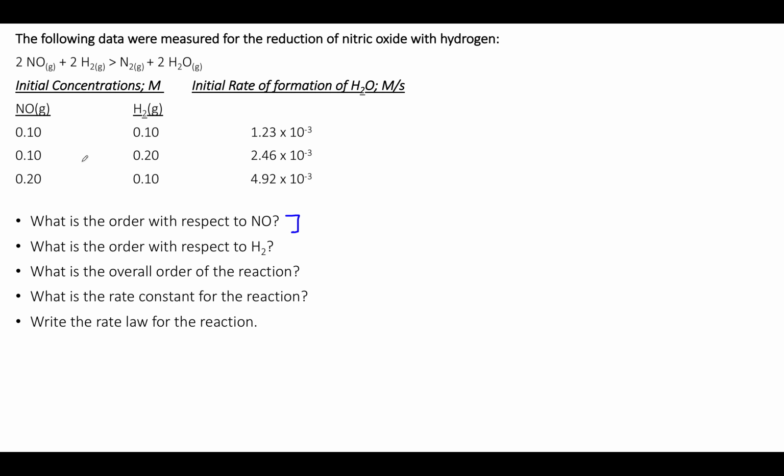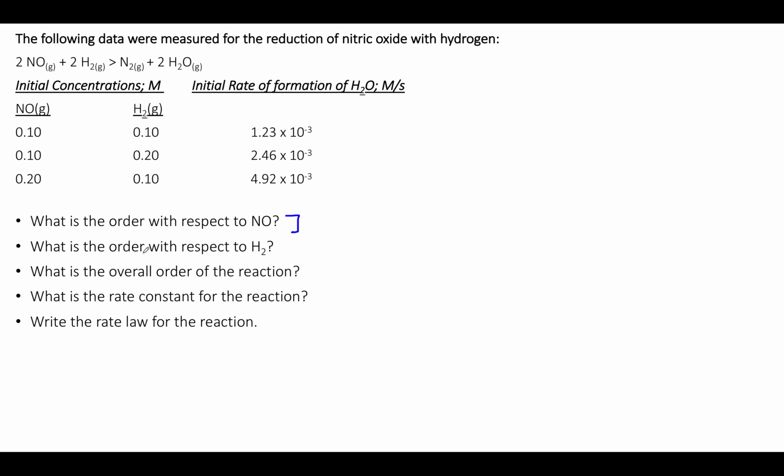In the second line of data, I've doubled the concentration of hydrogen gas, kept the concentration of nitric oxide the same, and the reaction occurs at this rate. The third line of data is the opposite. I've doubled the nitric oxide concentration, lowered the hydrogen gas concentration, and the rate occurs here.